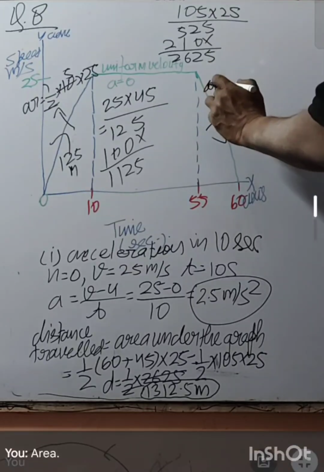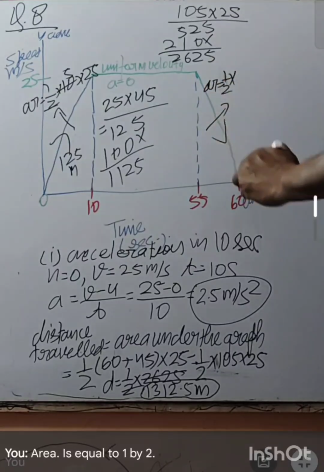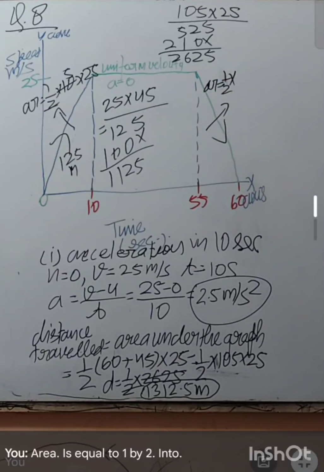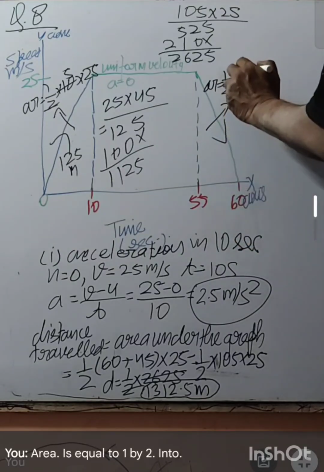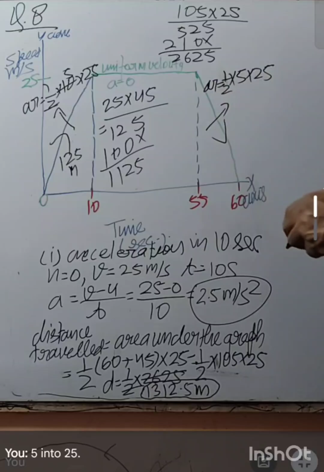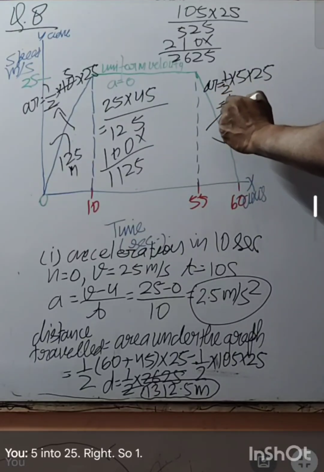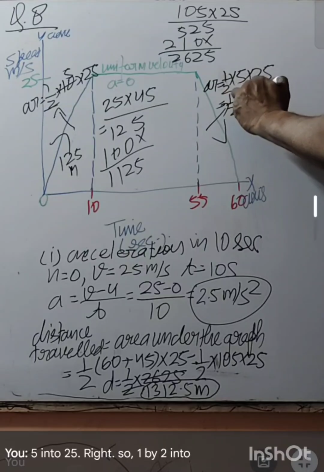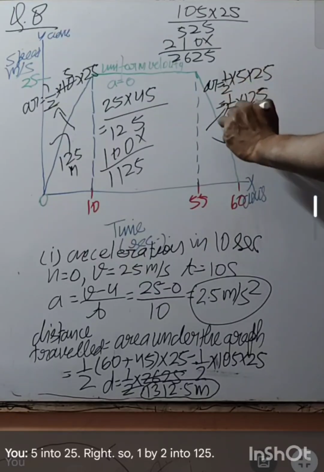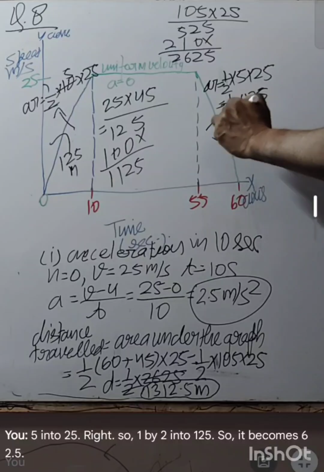Area is equal to 1 by 2 into 5 into 25, right? So 1 by 2 into 125. So it becomes 62.5, right?